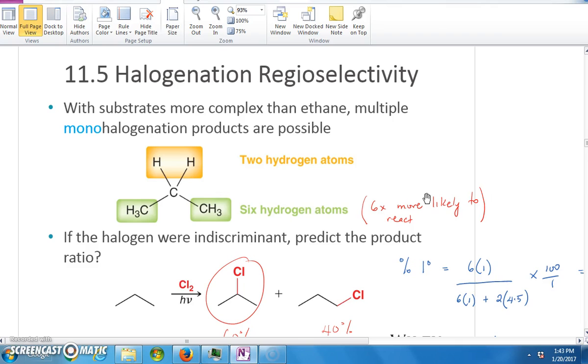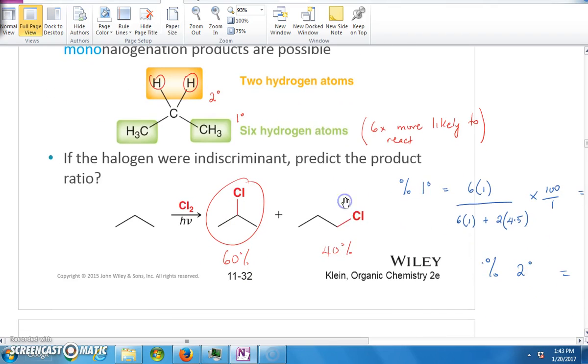For instance, you could have substitution at any of these hydrogens, in which case you could have a second degree substitution, or you could have a first degree substitution. But what has been observed is that the second degree substitution occurs more than the first degree substitution.